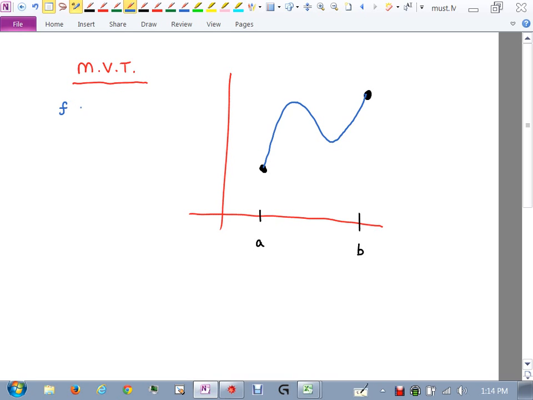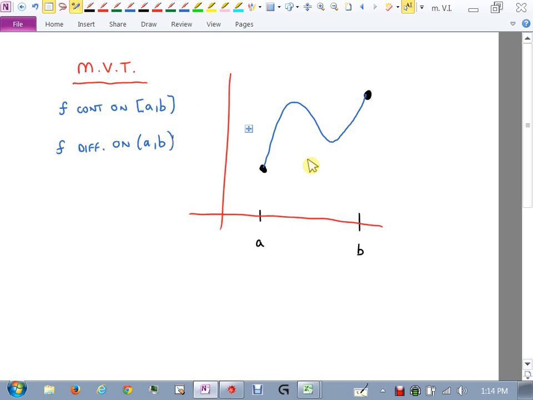So f is continuous on [a,b]. f is differentiable on the inside. And that's all you need. You do not need the endpoints to be the same. It's obvious that they're not, right?